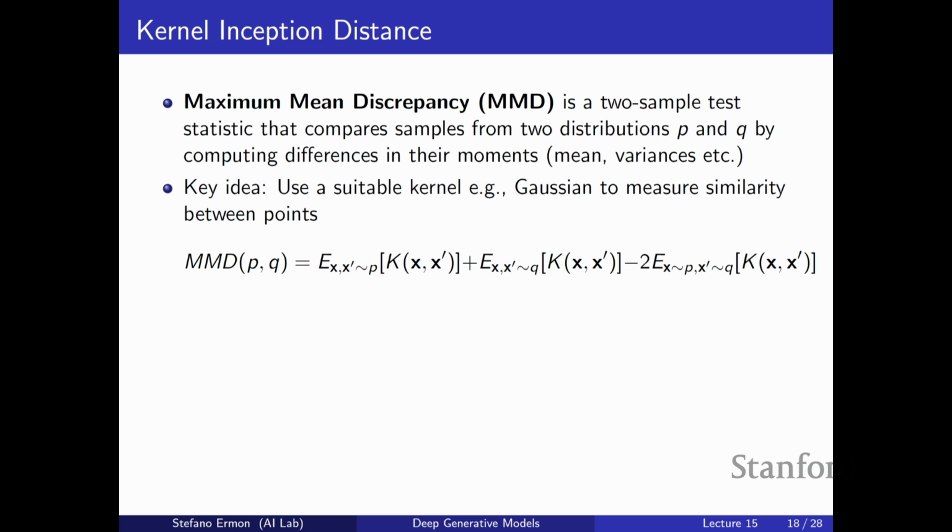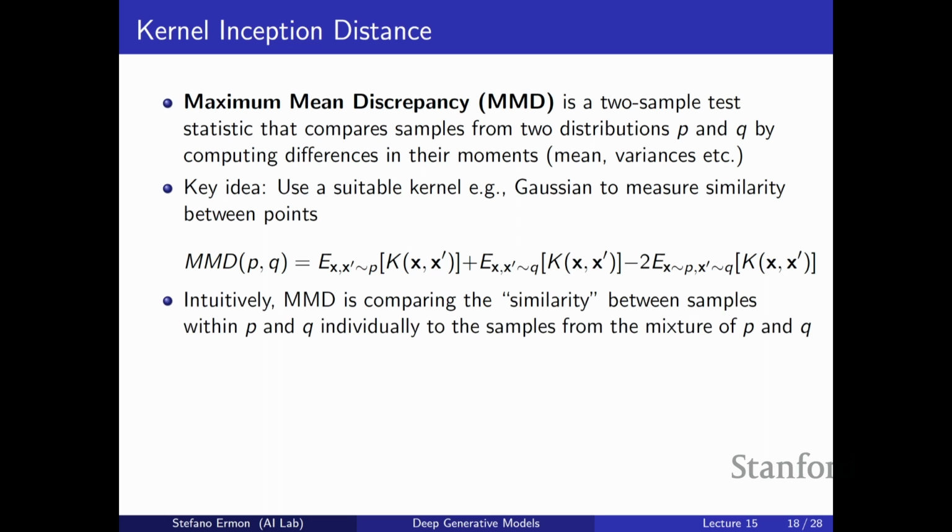If P is equal to Q, this evaluates to 0, because the difference between real and fake samples is the same as the difference between 2 real samples or 2 fake samples.